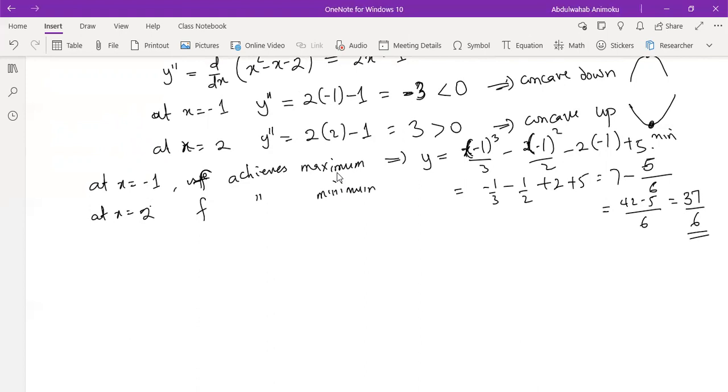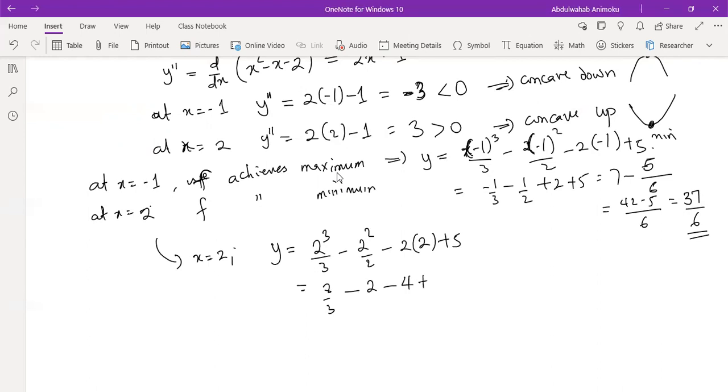Okay, what about the minimum? So when x is 2, f will be 2 raised to the power 3 over 3, minus 2 squared over 2, minus 2 times 2, plus 5. So this gives us 8 over 3, minus 4 divided by 2, that is 2, minus 4, plus 5.